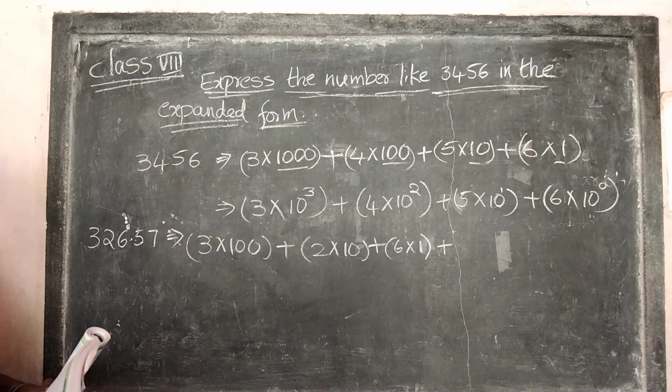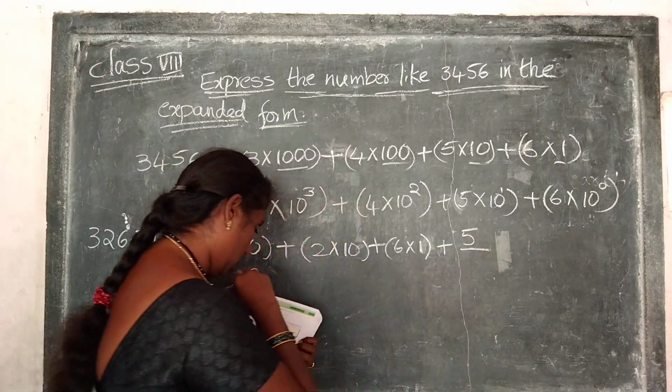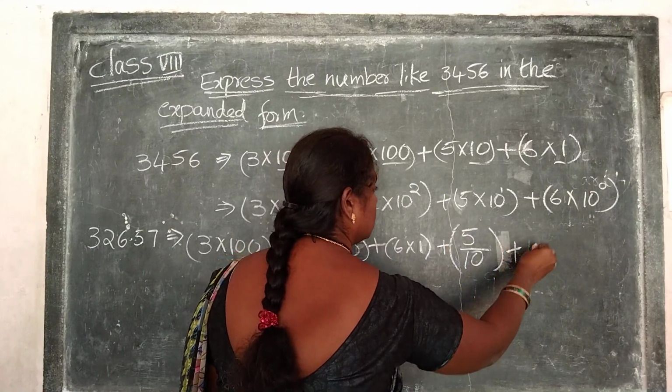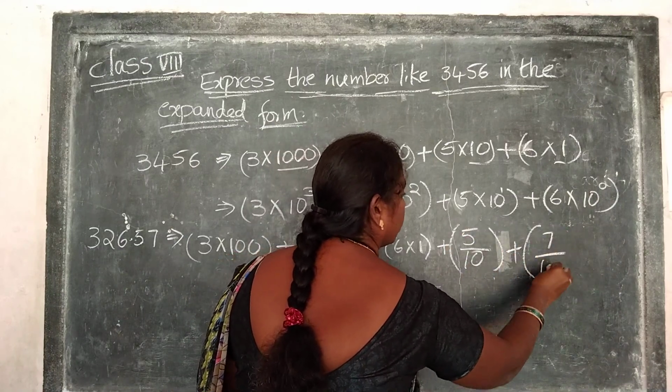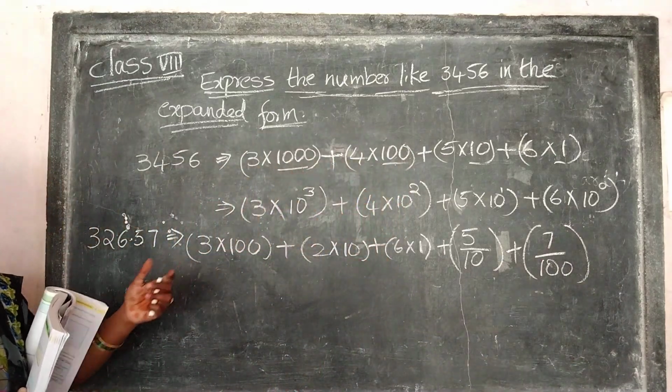So the 10th part means 5 by 10. Next, the 100th part means 7 by 100. This is the expanded form of the given number.